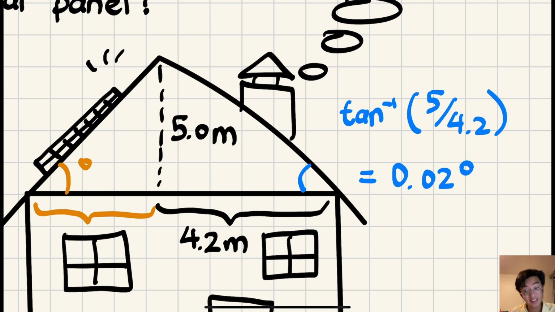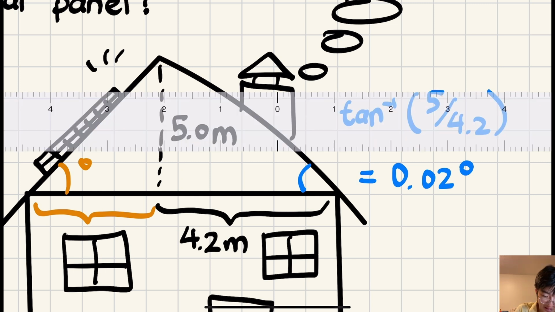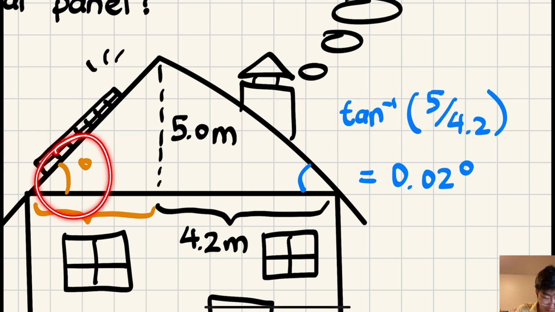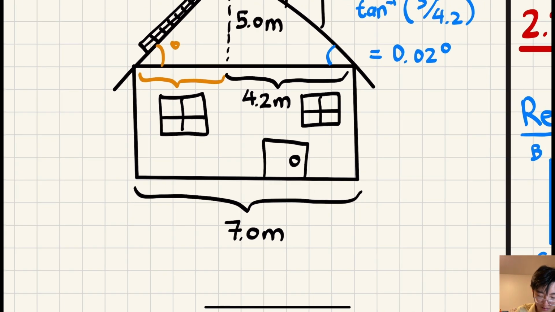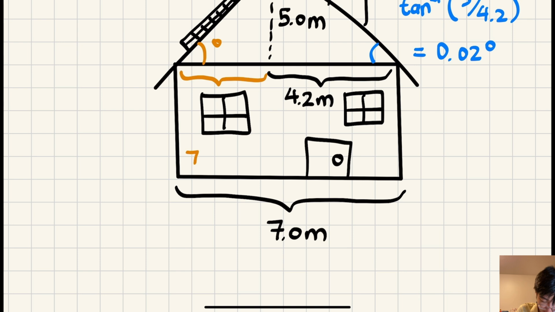But in this case, we want the angle right here. So in order to find that, we have to subtract the 7 from the 4.2 to get 2.8 meters. We have to find the length right here first.